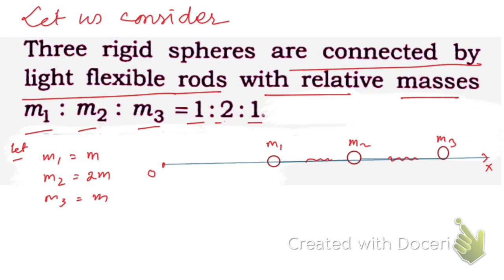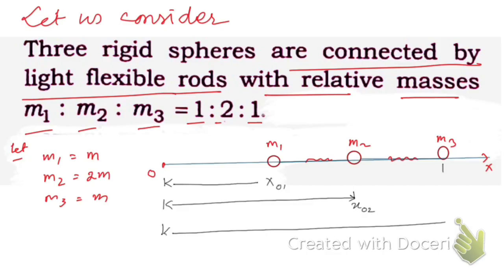Here, this initial position is x0,1, and this position is x0,2, and this position is x0,3.